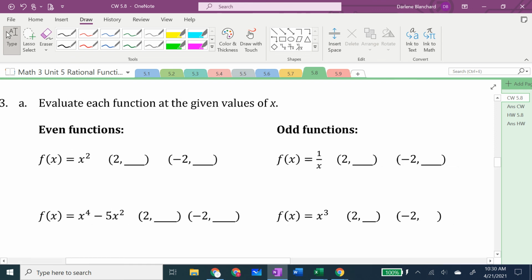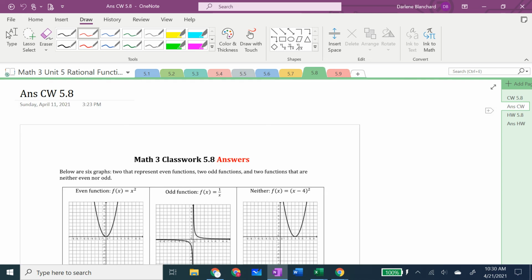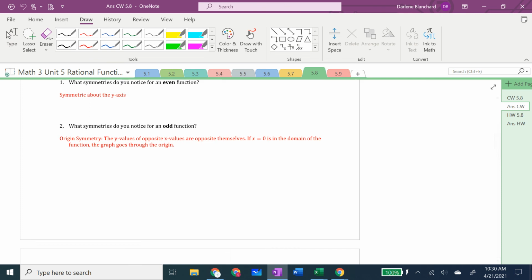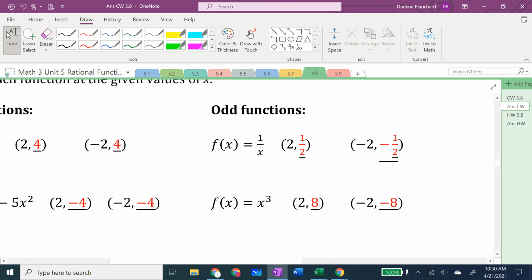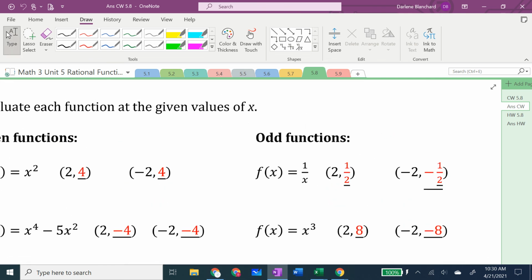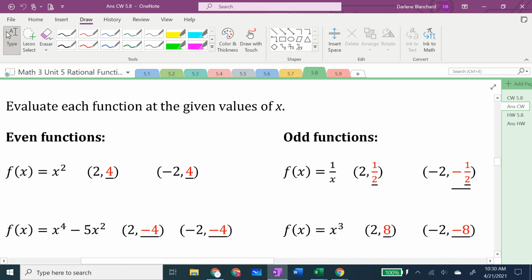And then this is just to emphasize what I was saying before. In an even function, you get the same y value. Let's just look at these. So you can see with the even functions, with opposite signed x's, you get the same y.